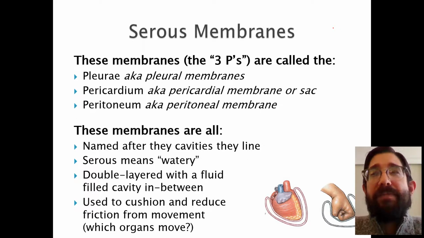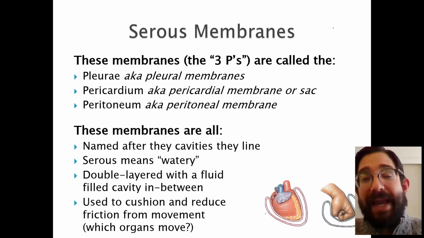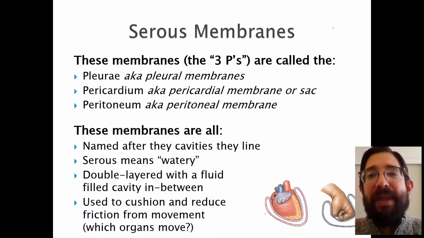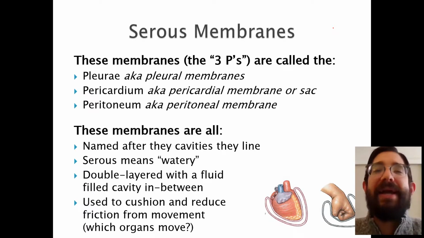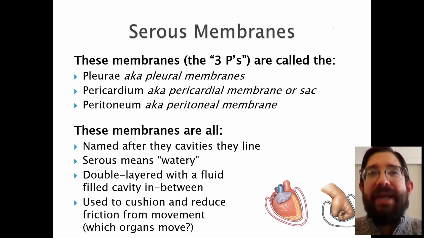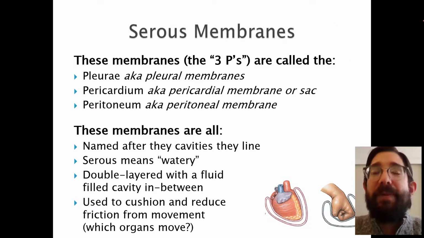So here's the story. The heart, the lungs, and some of your abdominal pelvic organs are wrapped in special membranes called the serous membranes. These membranes are just named after the cavities, okay? So the pleural membranes line the pleural cavities, and the pericardial membrane lines the pericardial cavity, and the peritoneum, or peritoneal membrane, lines the peritoneal cavity.